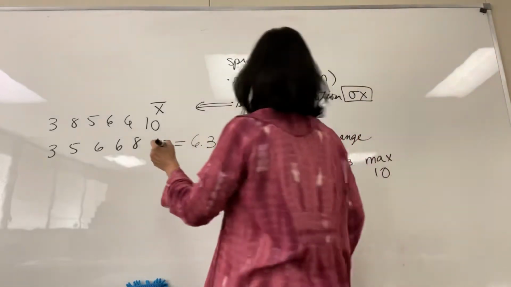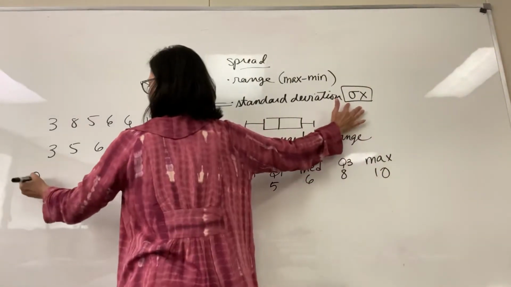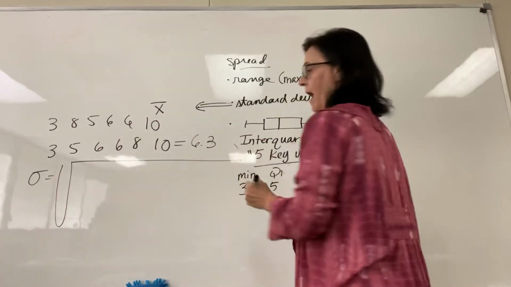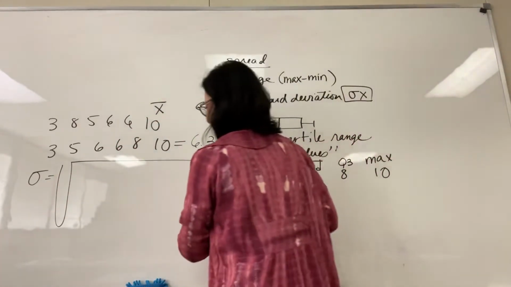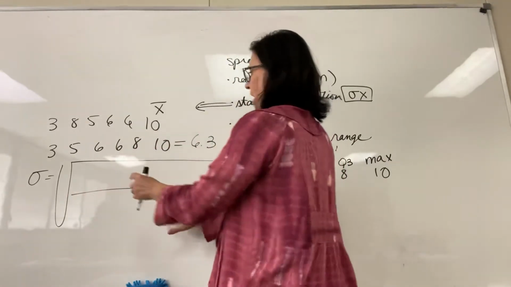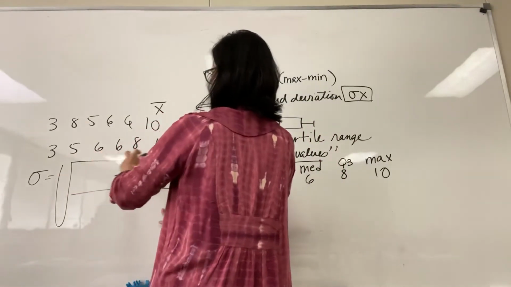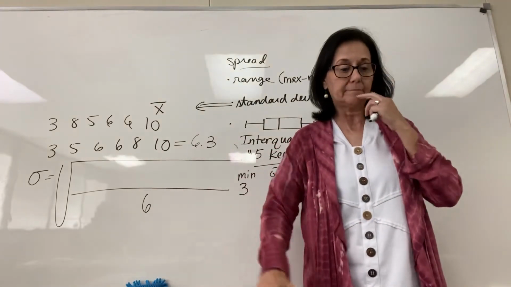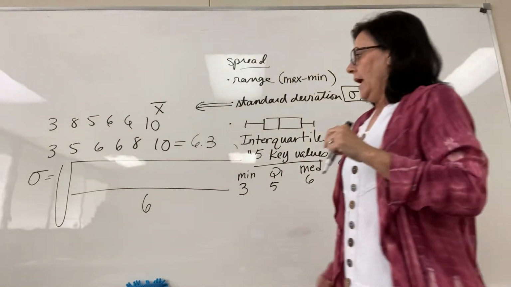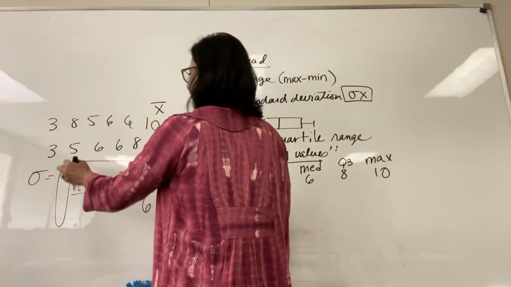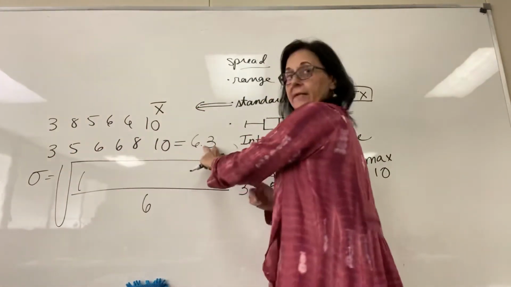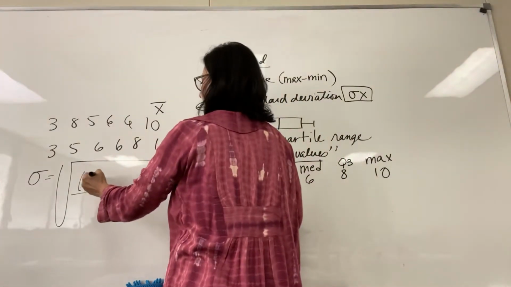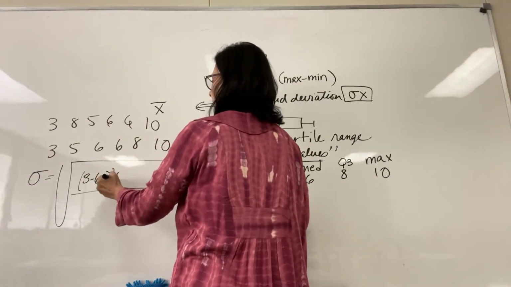So the standard deviation, really the sigma, is going to be the square root of, our denominator is how many there are, 2, 4, 6. So 6 is our denominator. All of this is under the radical, okay? And then it's how far each one of these is from the mean. So it's 3 minus 6.3 squared plus.